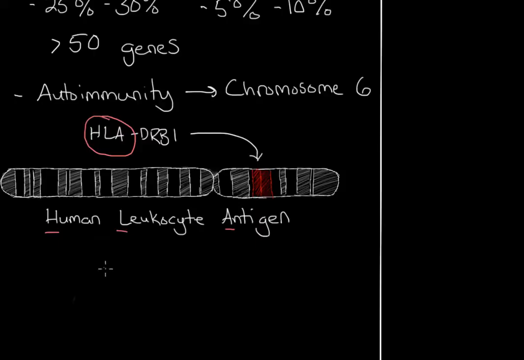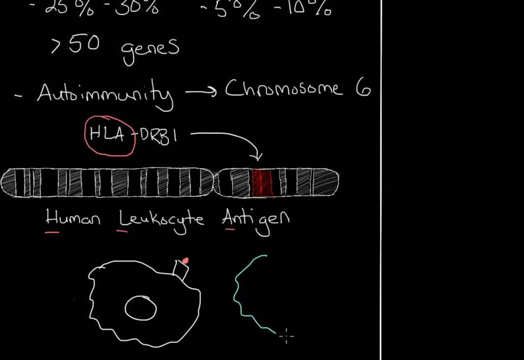Well, let's say you have any general cell over here. On this cell, you're going to have a protein on the surface, and that is going to be your human leukocyte antigen. This human leukocyte antigen will then have some other kind of protein or peptide bound to it. And that protein or peptide may belong to something like a virus or a bacteria or something that shouldn't belong. And so it's going to present that to another cell, namely your T cells.